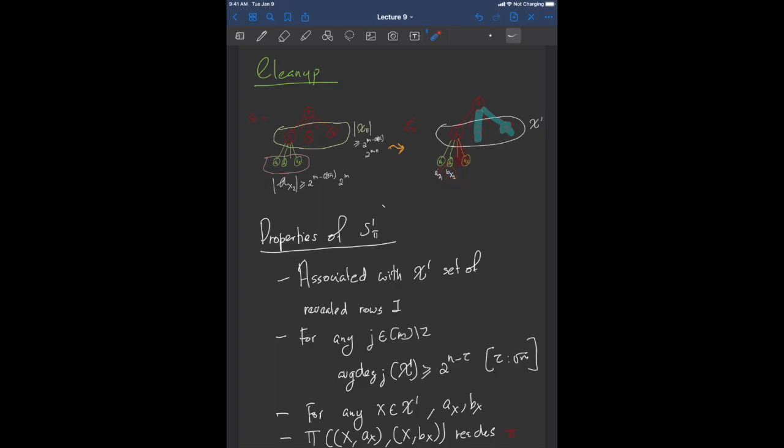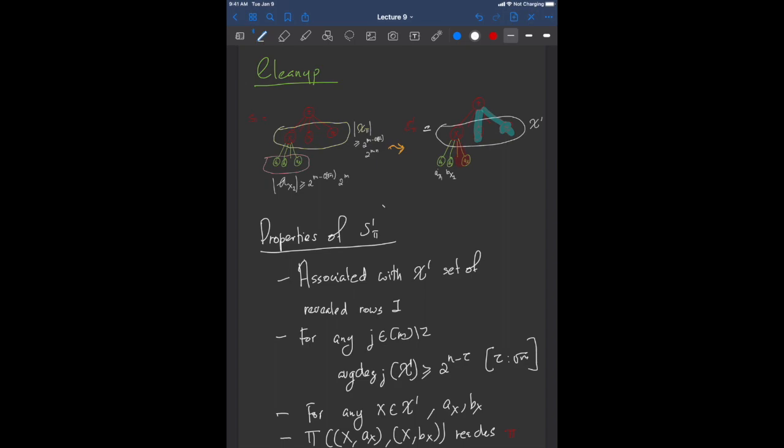So what was the guarantee on this set? This S dash pi can be thought of as a layered set. It's a set of matrices and a set of vectors associated with each matrix. And by the properties of cleanup, for this set of matrices X dash, we had a bunch of revealed rows.